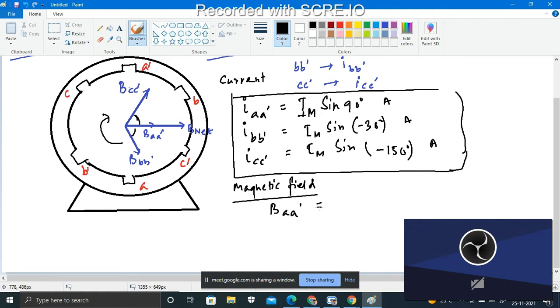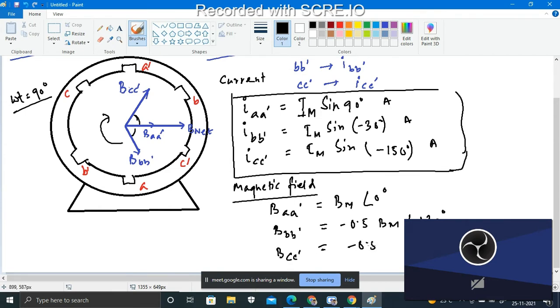B of A dash, we are considering omega t equal to 90 degrees, so B of A dash will be my total magnetizing field Bm at an angle of 0 degrees. You already know these things. B of B dash is minus 0.5 Bm at an angle of 120 degrees, and B of C dash is minus 0.5 Bm at an angle of 240 degrees.